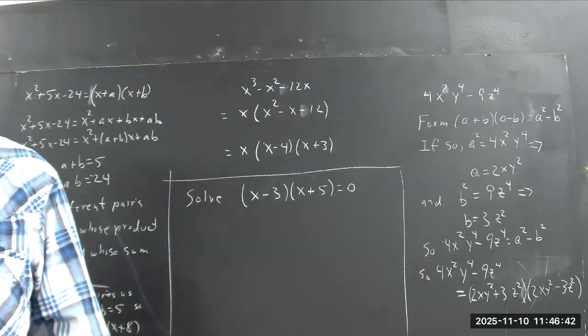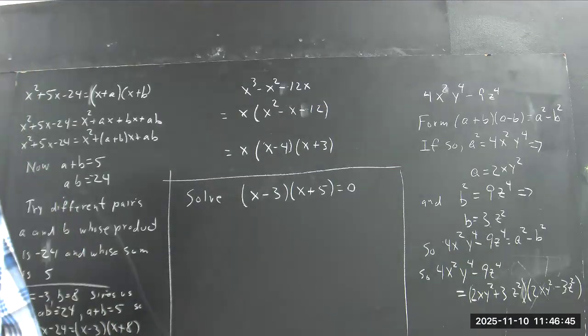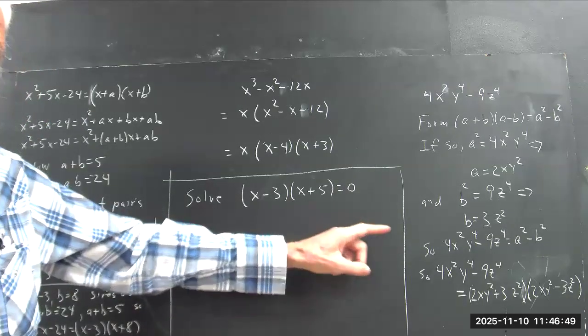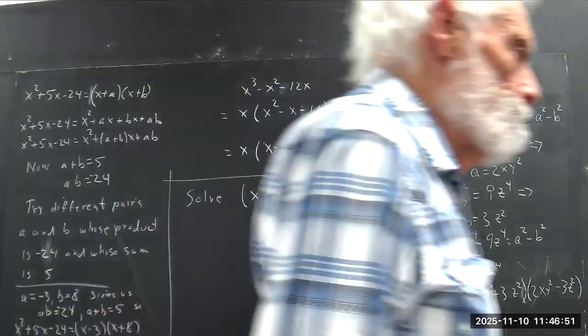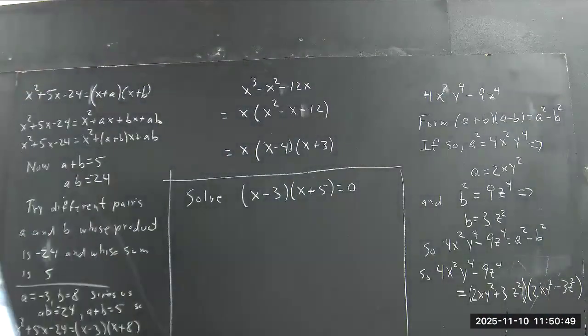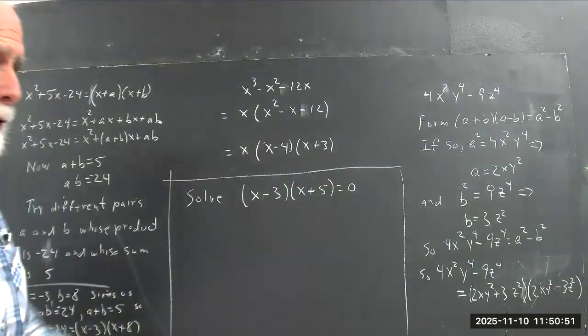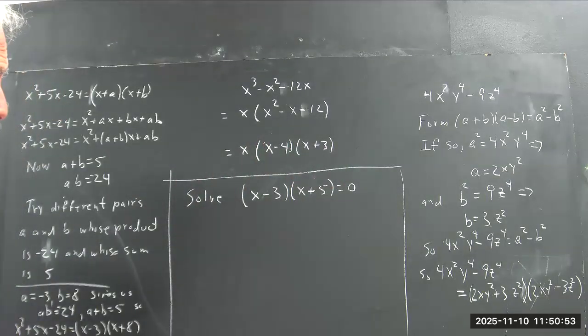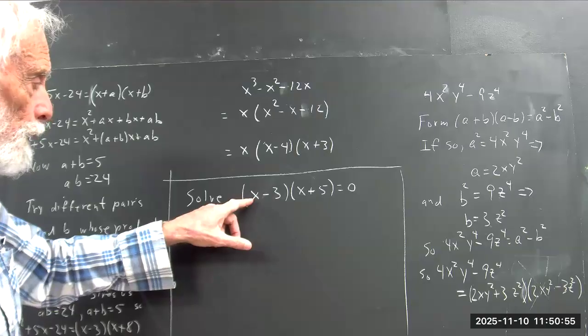In other words, can we find one or more values of x that make this so? But we're going to discuss this for a minute before we write anything down. And so you're looking for a number that makes this zero. Well, what would make this zero?